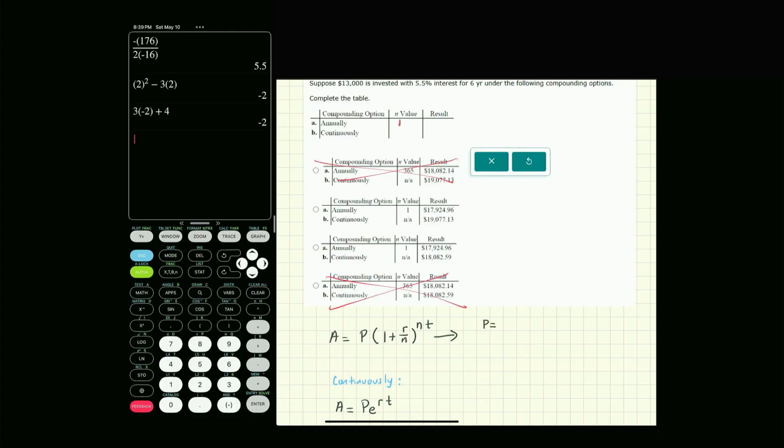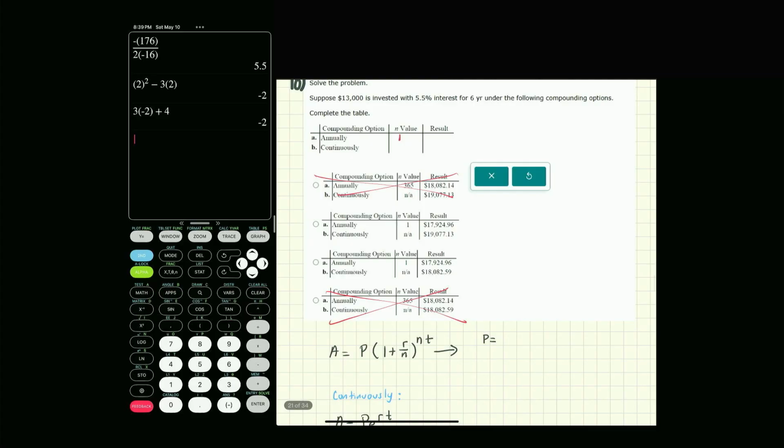We know P is going to be our $13,000. We know r is 5.5% interest, but remember, we need to make that a decimal. That would be 0.055.